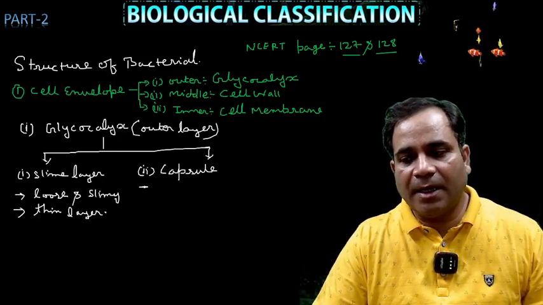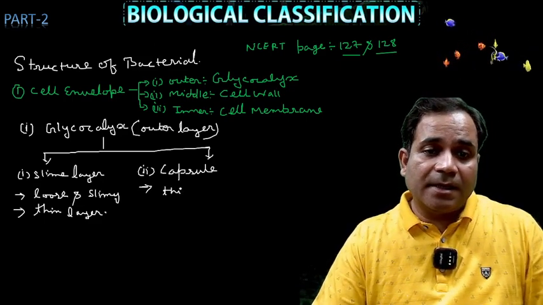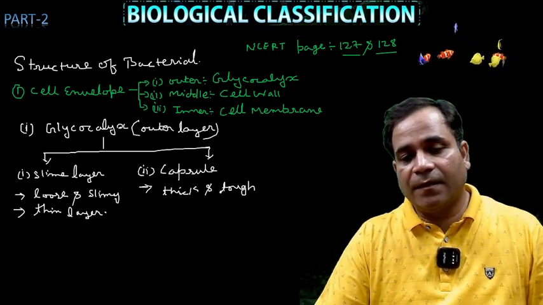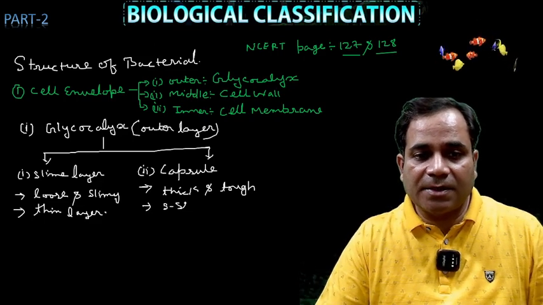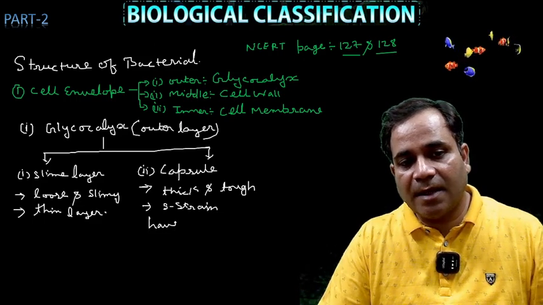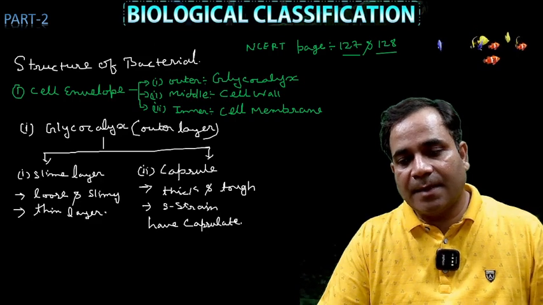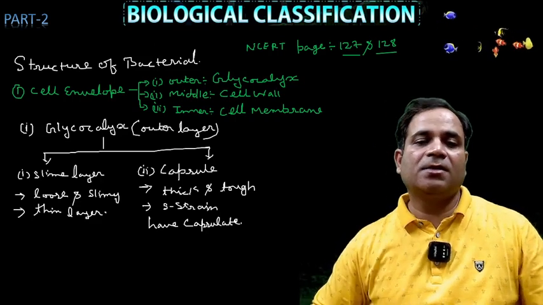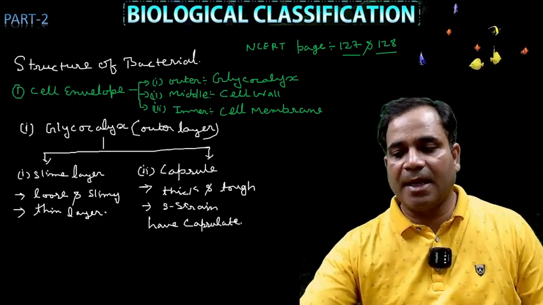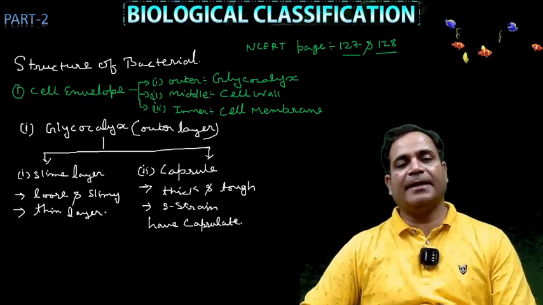Now if they have a capsule, then it is a thick layer, thick as well as tough. And which strain is here? S strain. If they have S strain, then it is capsulated. Correct? So if they have S strain, it means it is capsulated. Right? So glycocalyx is the outer layer of the bacteria.